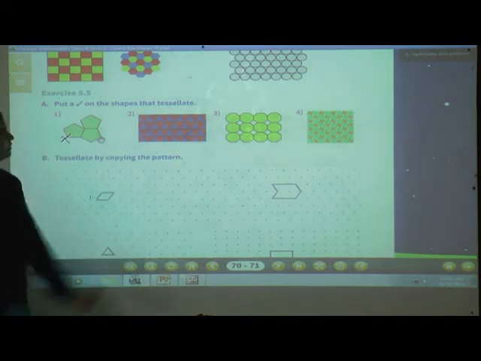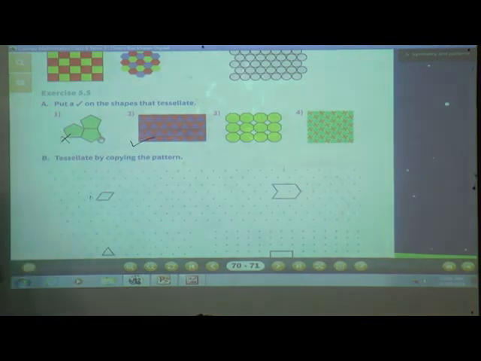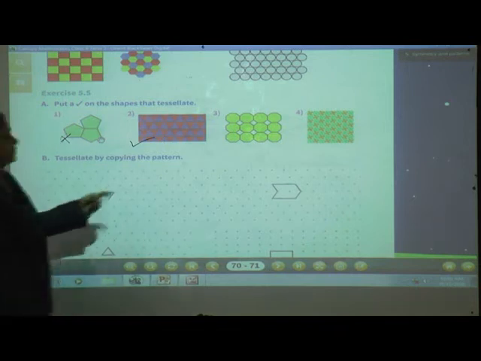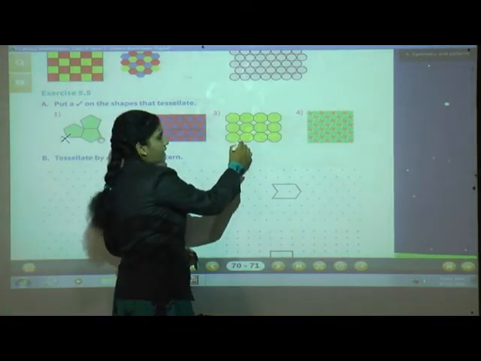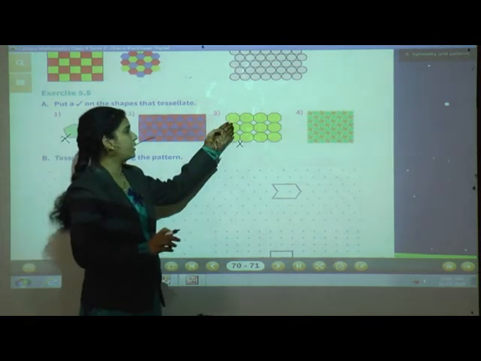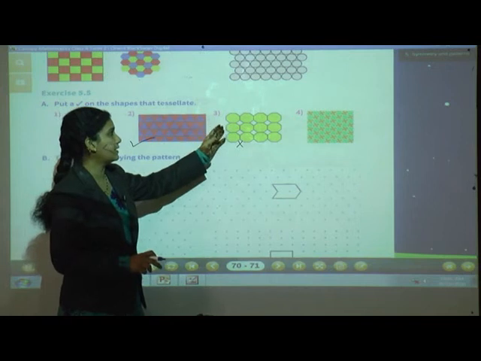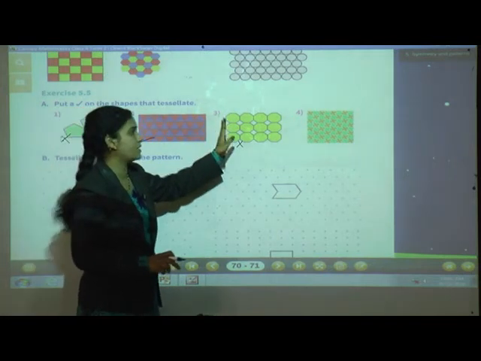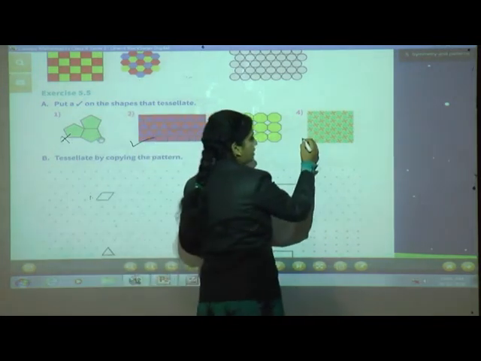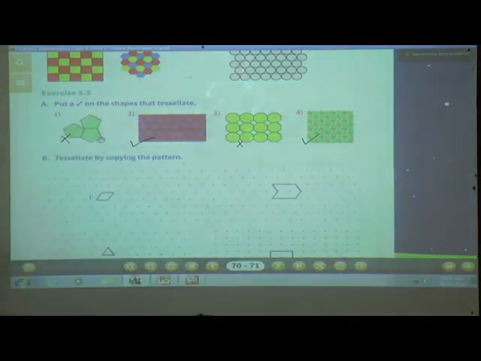And second one, yes, these shapes have a tessellation. Now third one, no, because you can observe that here is a gap and as per our rule, the figure which does not have a gap or overlap makes a tessellation. So this one is wrong and fourth one is a tessellation. Okay, understood all of you?